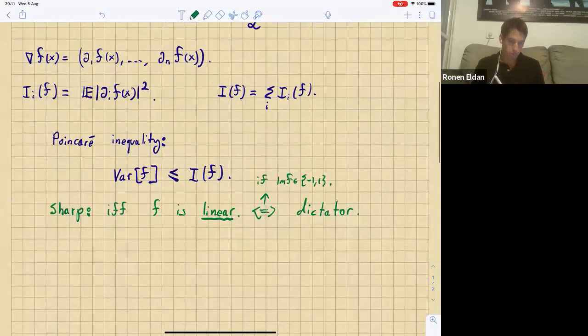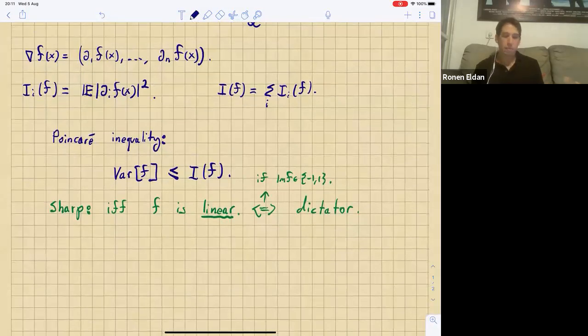Good. So the proof of this is very easy if you know the Fourier decomposition. We'll see it a bit later. But now the next thing I want to do is argue that this inequality is very lacking, in the sense that it doesn't at all take advantage of the fact that f is Boolean.